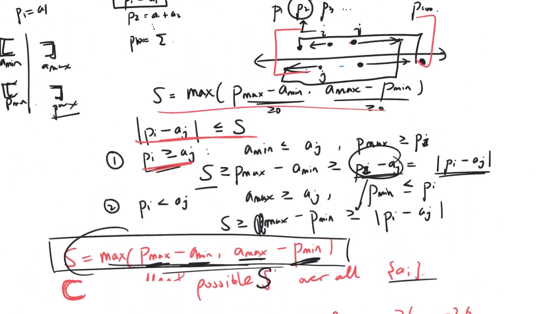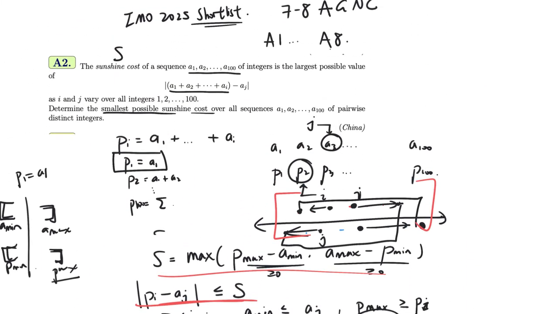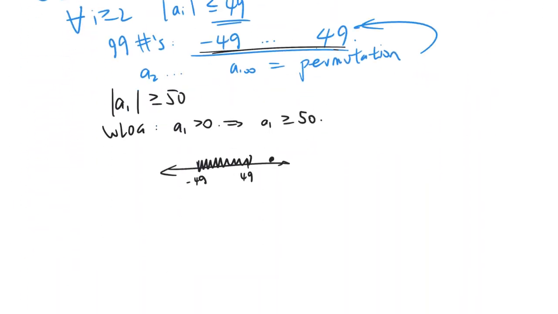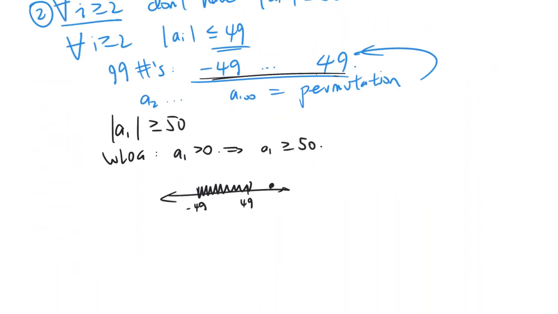And S is, again, the maximum possible difference. And what we're going to do is, this is kind of like the finishing touch. So S is the maximum difference of P_i minus A_j. So what we can do is actually, we know that some A_j has -49. And nicely, we have P_1 is equal to A_1.